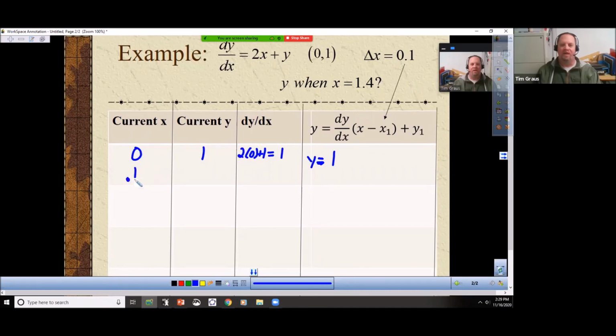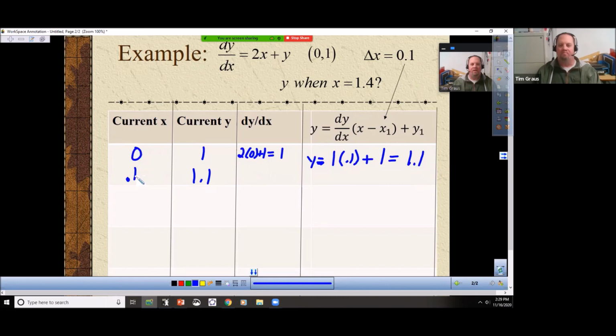So our next x value is going to be 0.1. 0.1 minus 0 is 0.1. And then we're going to add the current y value, which was a 1. y equals 1 times 0.1 plus 1. And so that comes out to 1.1. That's our new y value.